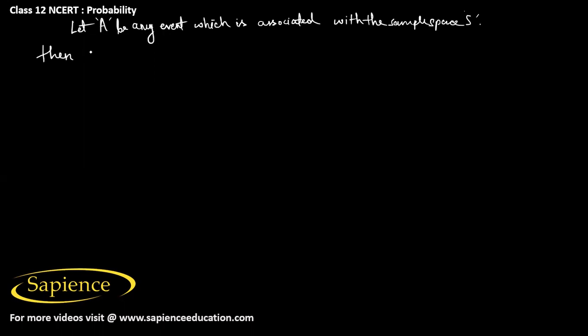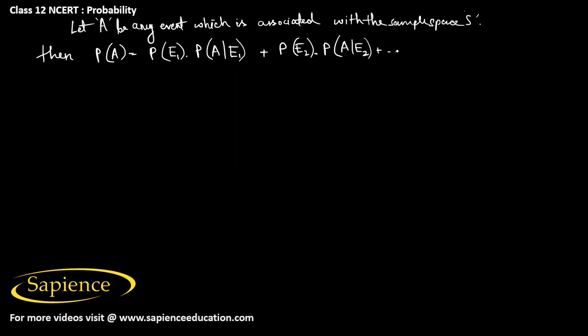Then the probability of occurrence of that event A can be written as the probability of the event E1 times the probability of the event A given that E1 has happened, plus the probability of the event E2 times the probability of A given that E2 has happened, plus like this we can go on till the probability of the event En times the probability of A given that En has happened.